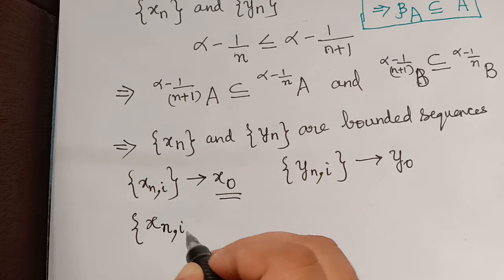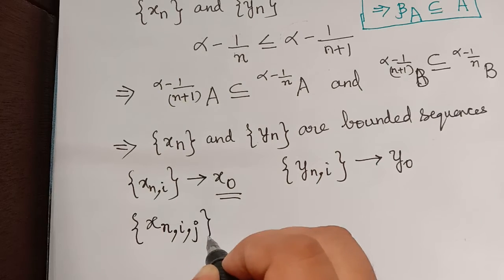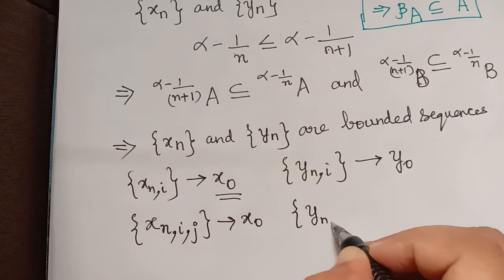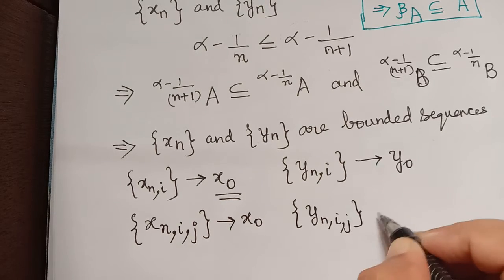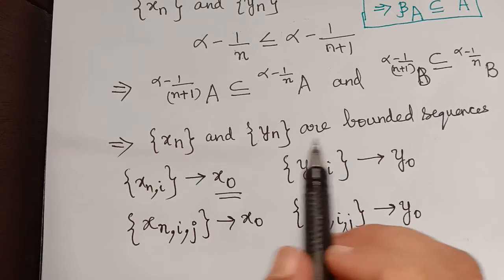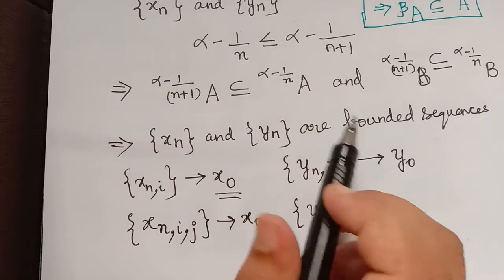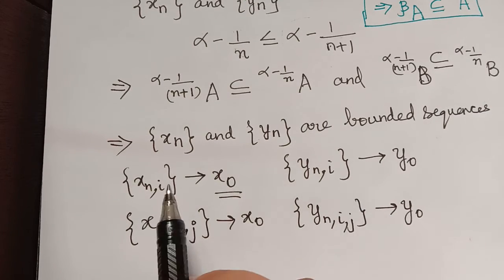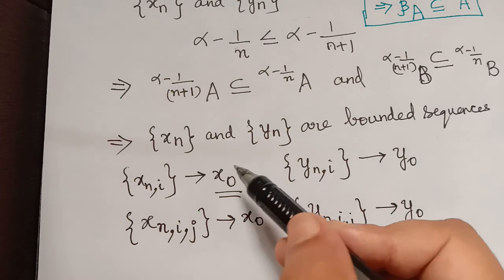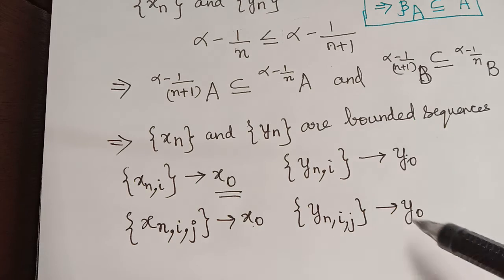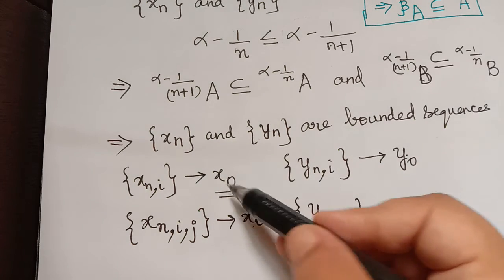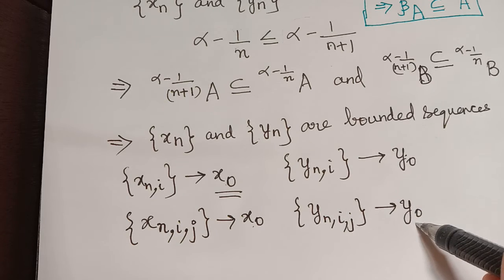So the subsequence can be taken as xn,i,j, and that converges to x0, and similarly yn,i,j converges to y0. We have used the concept that every bounded sequence has a convergent subsequence, and from that convergent subsequence we take another sequence which is also convergent to the same point. So however many sequences we derive from it, all of them converge to that same point.